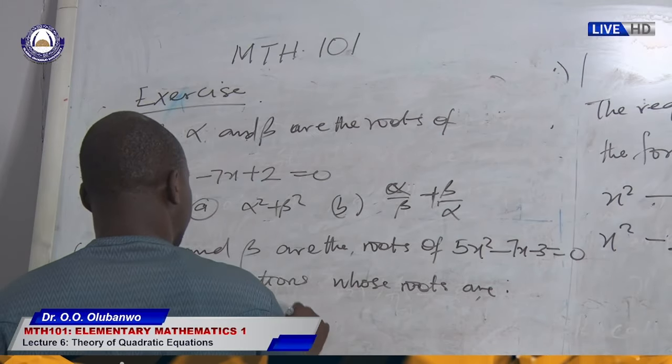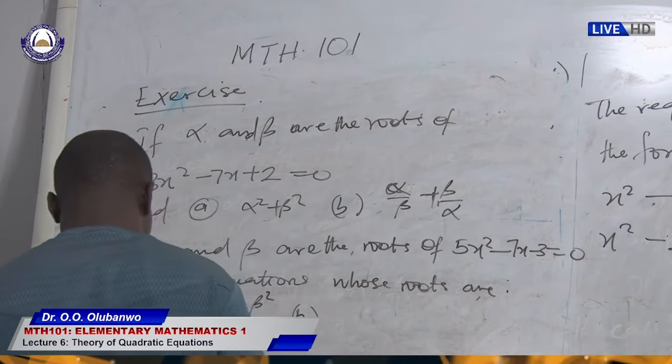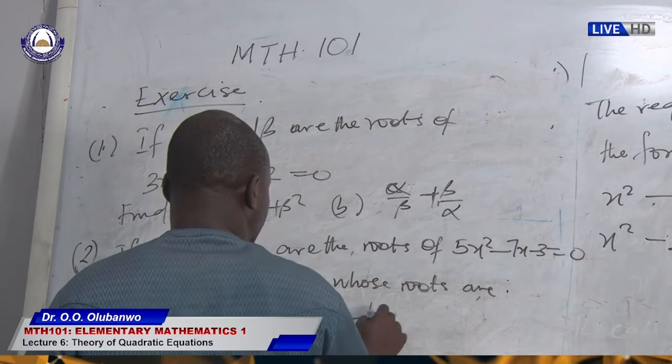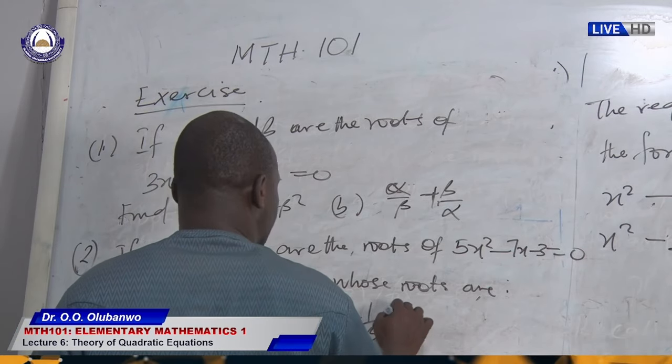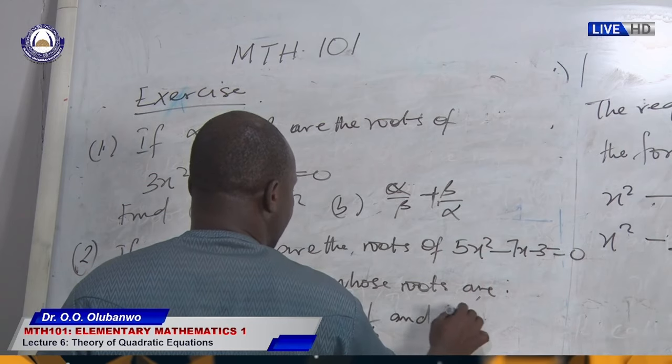B, alpha minus 1 over beta and beta minus 1 over alpha.